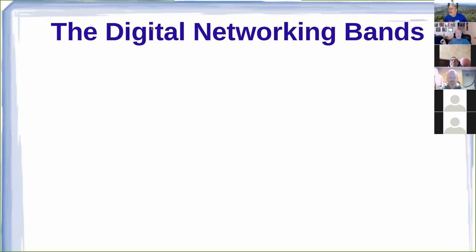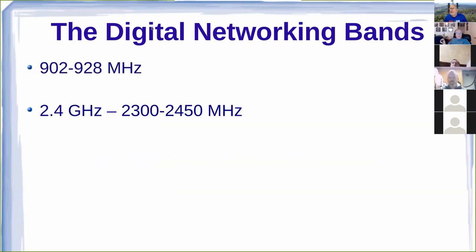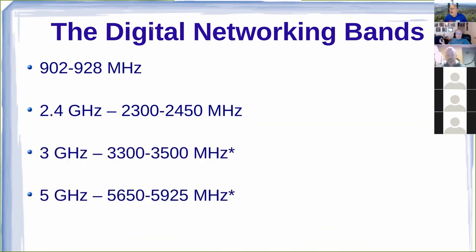Okay, let's talk about the digital networking bands. 900 megs, 2.4, 3 gigs, and 5 gigs. Now, hams have higher bands, but there's no off-the-shelf equipment for like 10 gigahertz that AREDN supports yet anyway.